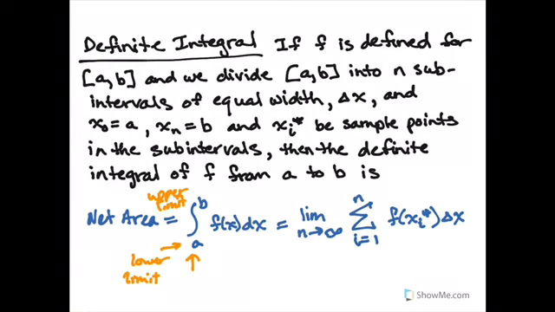Because we need to know where we are finding the area, from what x value to what x value. So I have my lower limit is a, my upper limit is b.